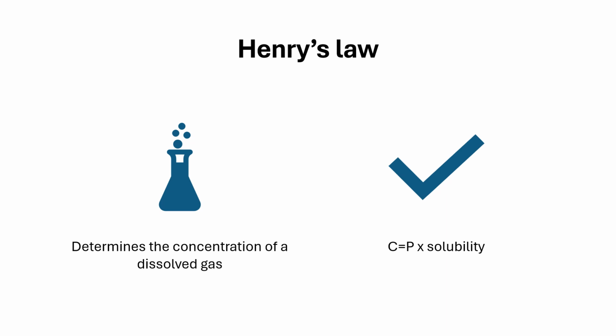Let's talk a little bit about Henry's law. It helps us to understand the concentration of a dissolved gas. And the concentration of the gas equals the pressure of the gas times the gas solubility. In clinical medicine, or somewhat closer to clinical medicine, Henry's law helps us to understand how oxygen dissolves into deoxygenated blood in the lungs.